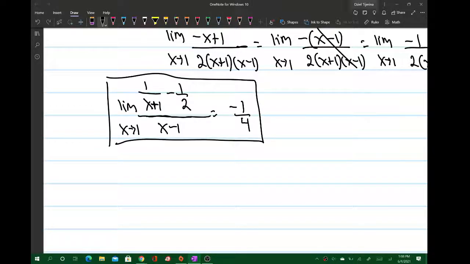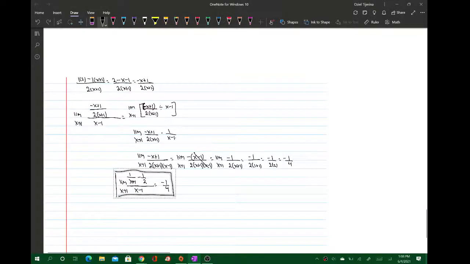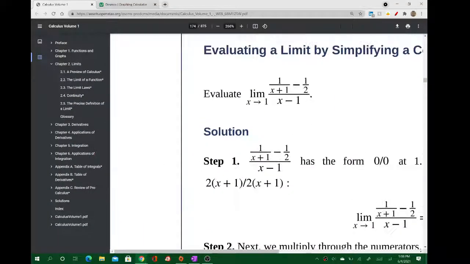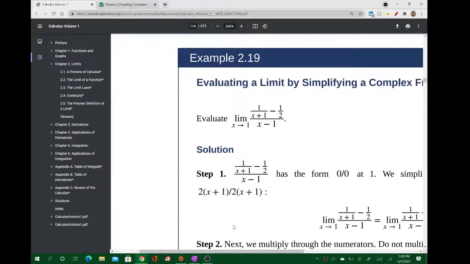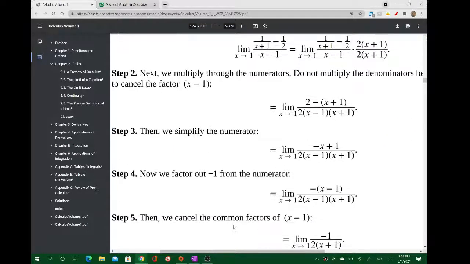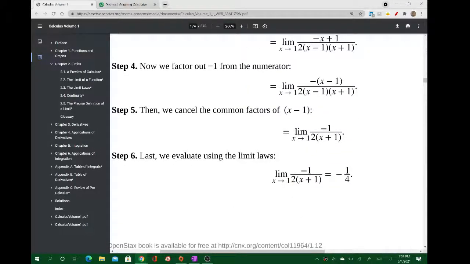Okay. So yeah, that's basically how you do it, and you see negative 1/4 right here.